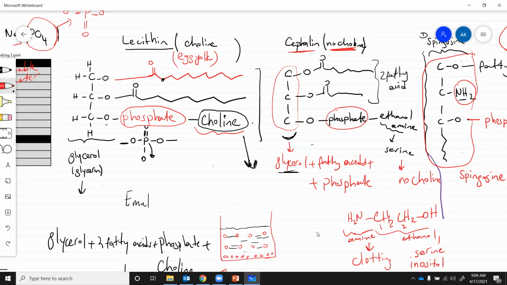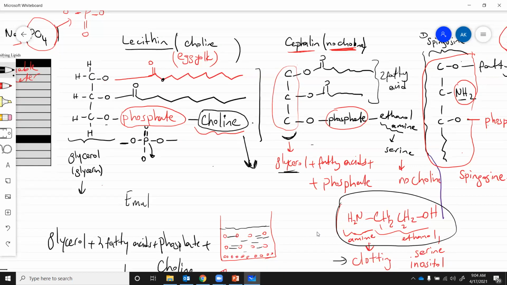Make sense? Okay. And then you might be asking, where do we use this cephalin? What's the important function? Because of this molecule here, we use this in order to be involved in blood clotting.